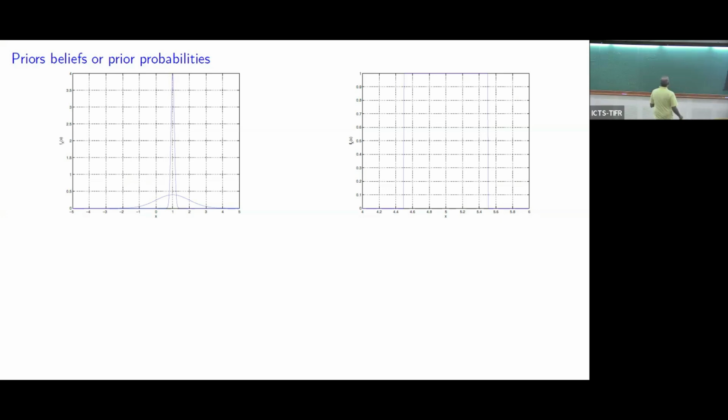You can say that, well, I don't know exactly what that voltage will be, but I believe that it is between say 4.5 and 5.5 volts. And I don't really know what value it can take even between 4.5 and 5.5, so I say that all these values are equally likely.